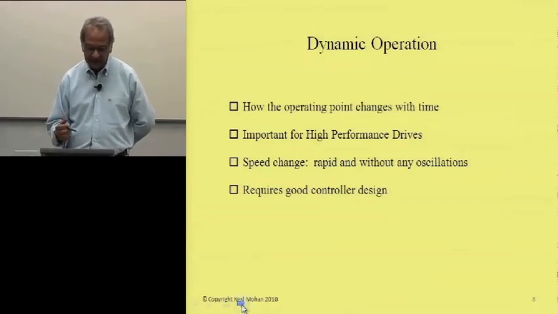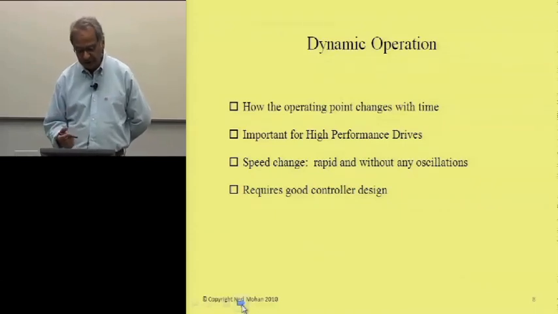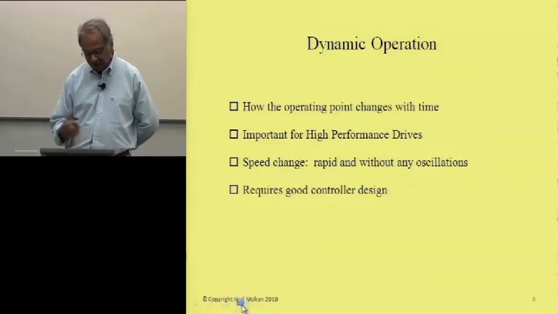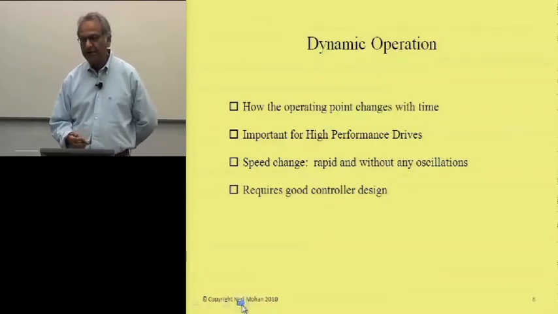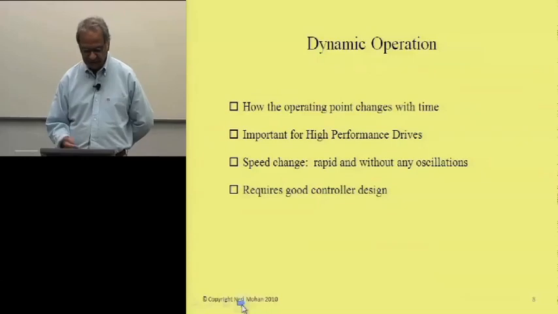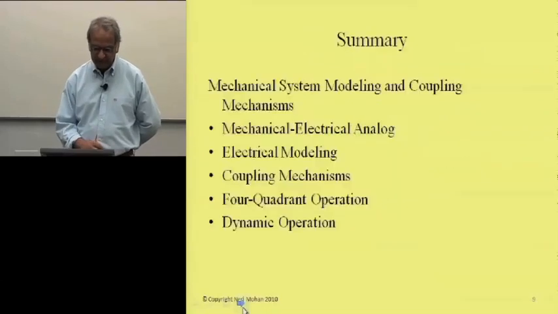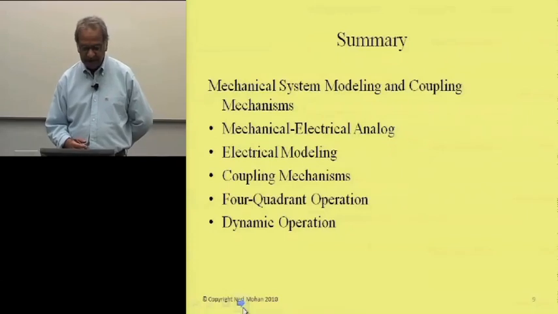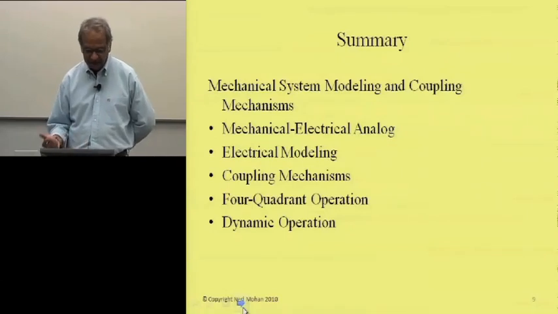So we need to design our controllers using the control design rules, but it will also be a great help to model these machines and the load in a proper way, so the design of these controllers is simplified. So this brings us to the summary, where we looked at mechanical system modeling and coupling mechanisms.